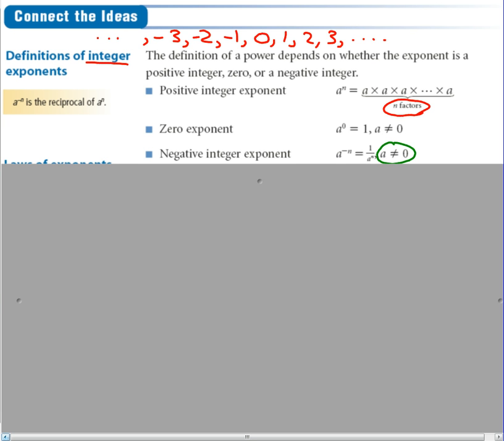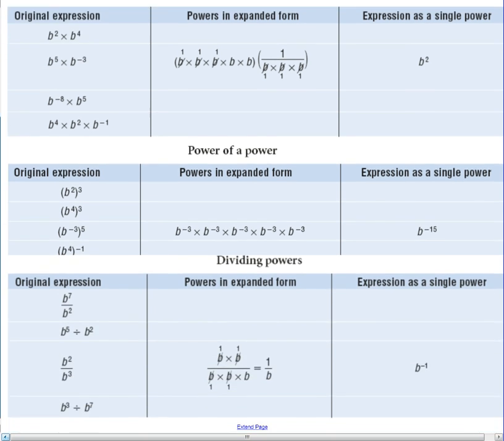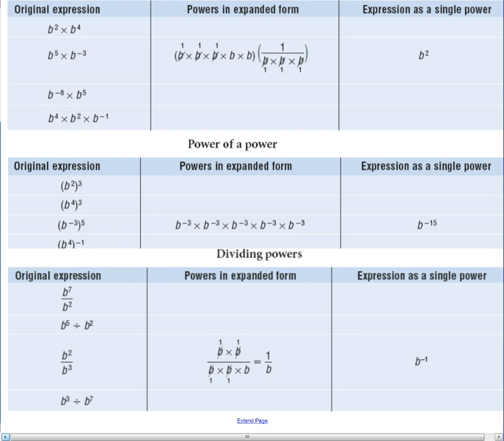So you're going to be doing an investigate in class just to reinforce the laws which you've seen before. You're going to be looking at powers of products, powers of quotients, which is a division of common bases, and then power of a power.